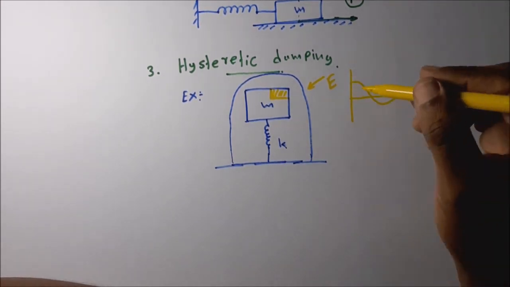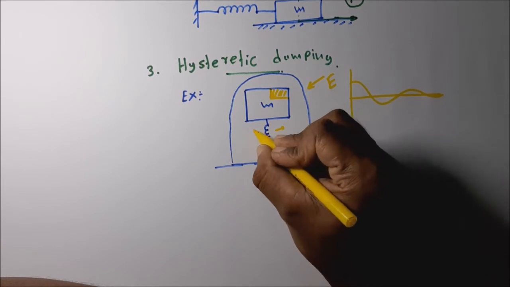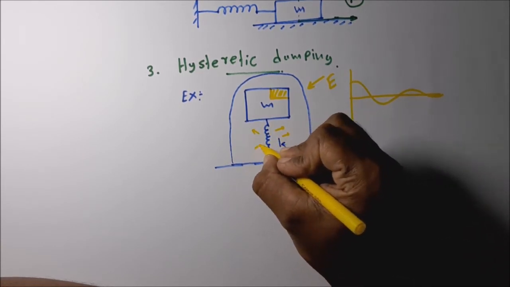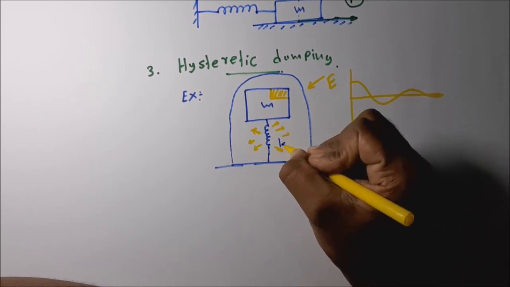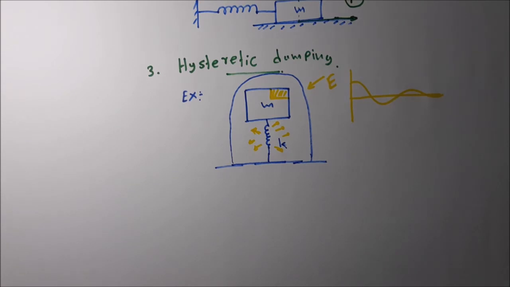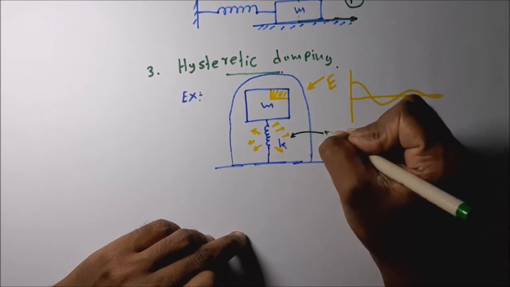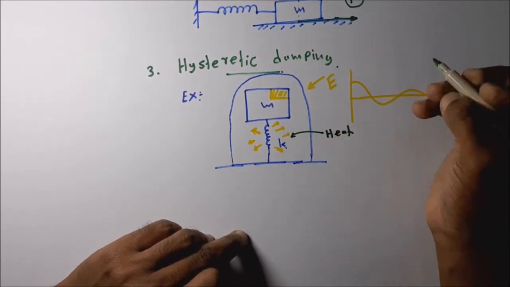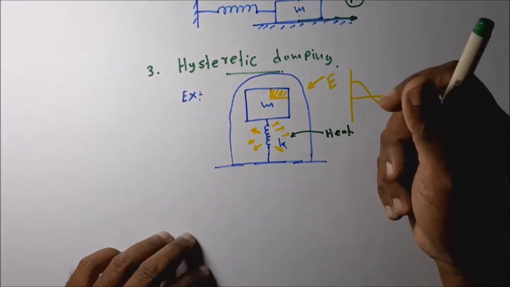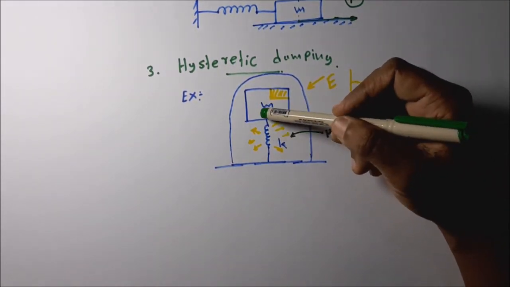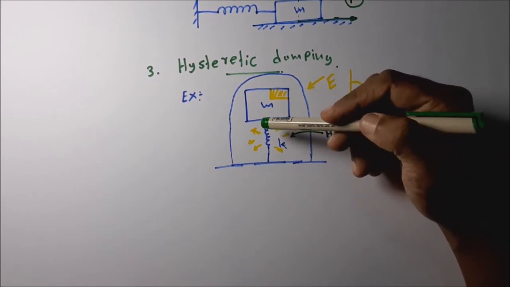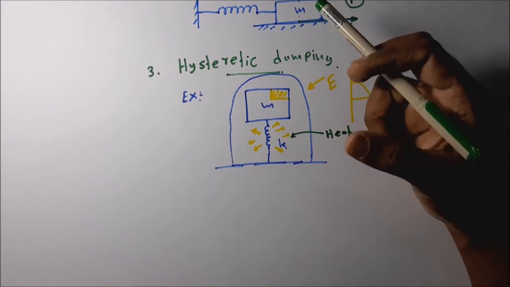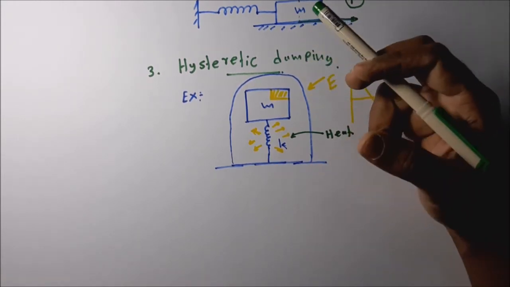So why is that? Energy is dissipated from the spring. In each vibration, this energy is dissipated mostly in the form of heat. Then how is the energy dissipated as heat? What happens in each deformation of the spring? The deformation of the spring material breaks the existing bonds and forms new bonds.